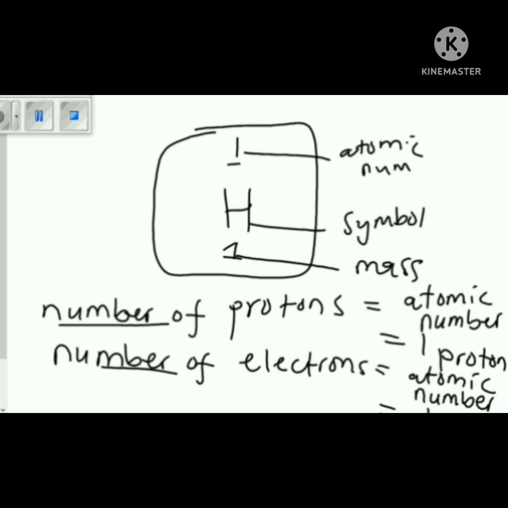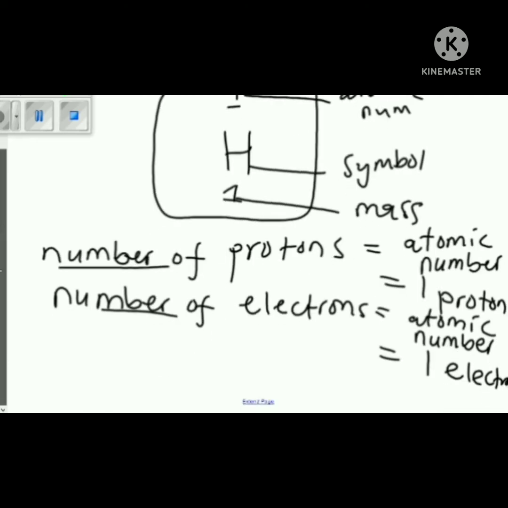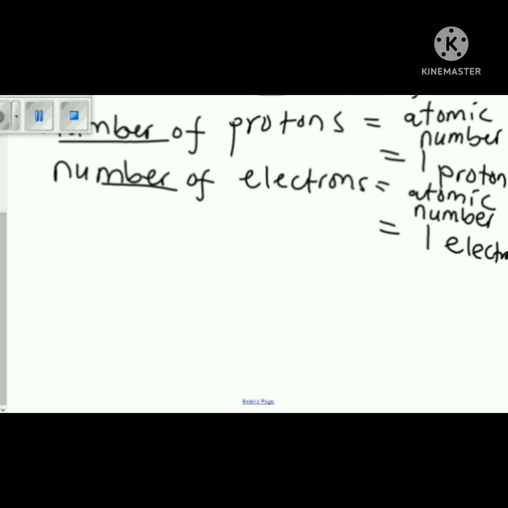So how do we draw this thing? Oh, we still have a shortage. We need to find the number of neutrons. So how do we find the neutrons, or the neutral charges?